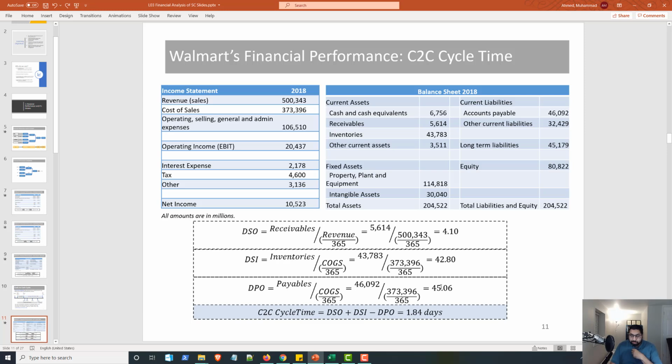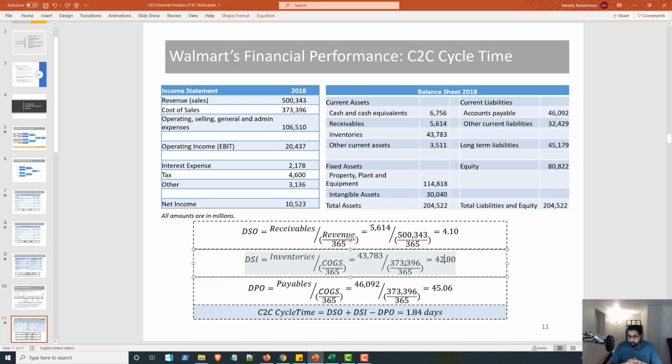But if the supplier payment terms were, let's say the supplier could be paid after 60 days and this number was 60, right? Then this number would become negative because 42.8 plus 4 is 46.8, and then 46.8 minus 60 would be negative 13 point something.